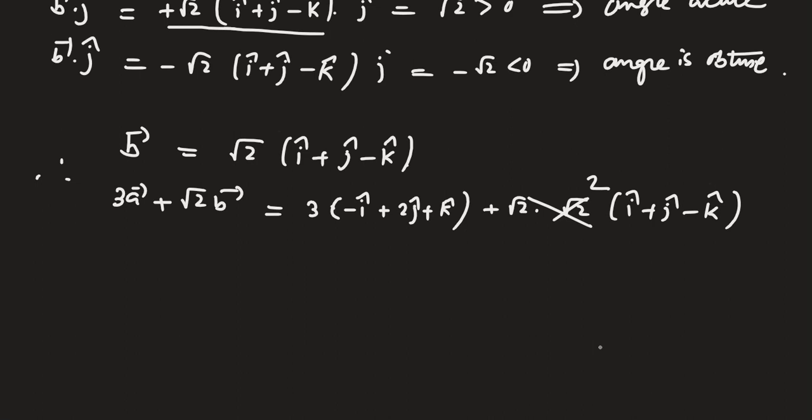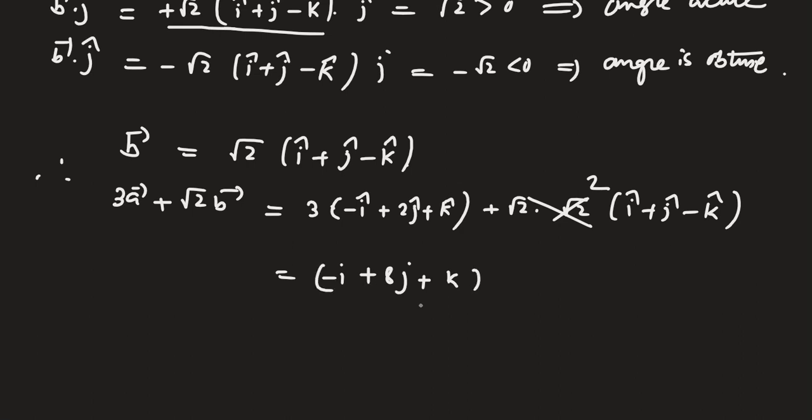So 2i minus 3i, so we have minus i. 6j plus 2j, it will be 8j. 3 into k, 3k, minus 2k, so we have only k. So 3 into 2 is 6, 6 plus 2 is 8, and 3 into 1 is 3, minus 2, that is 1 only.